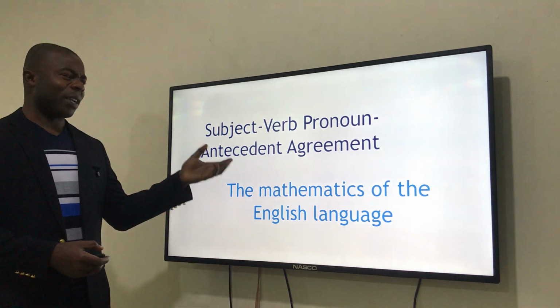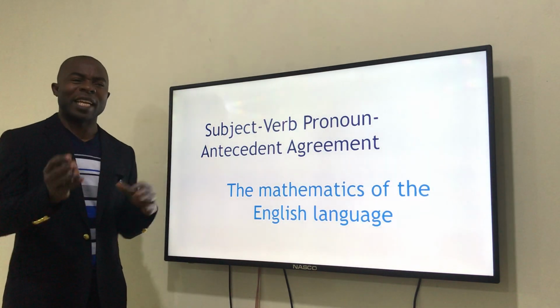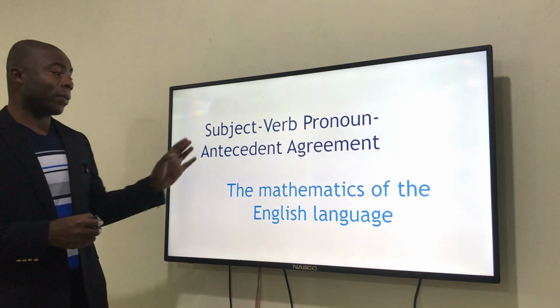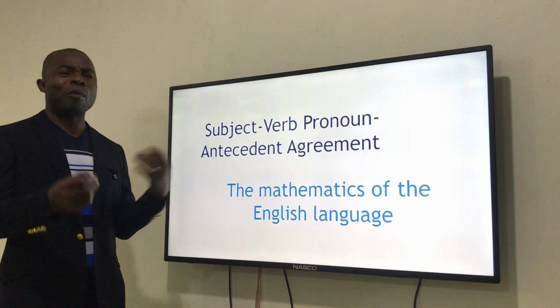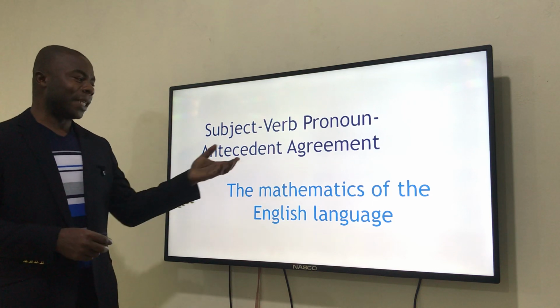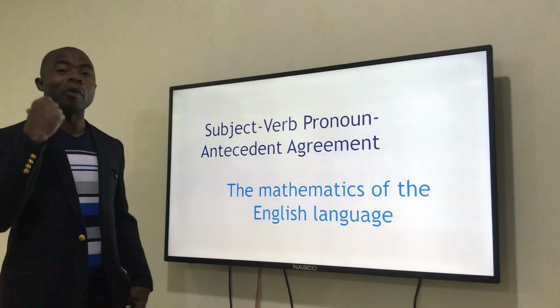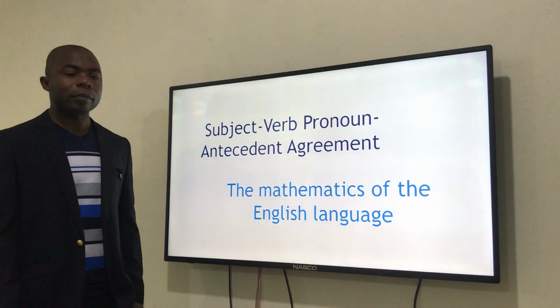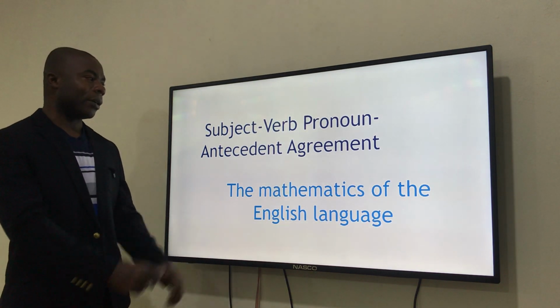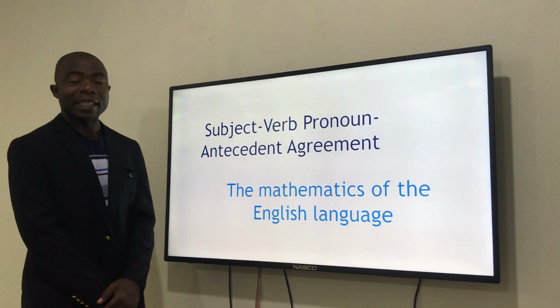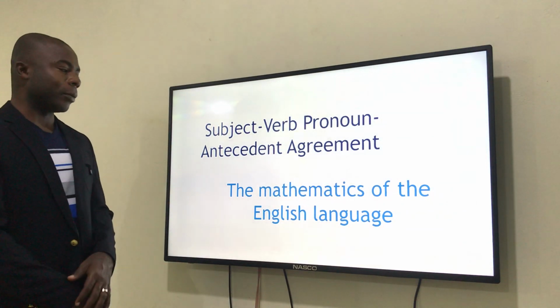So it's not any interesting word that will confuse you. It's a very simple one. Sometimes it's the names and the technicalities that make people wonder, what is this about? So antecedent simply means something the pronoun refers to, period. We don't need so much technicalities to be able to understand subject-verb pronoun-antecedent agreement in the English language.